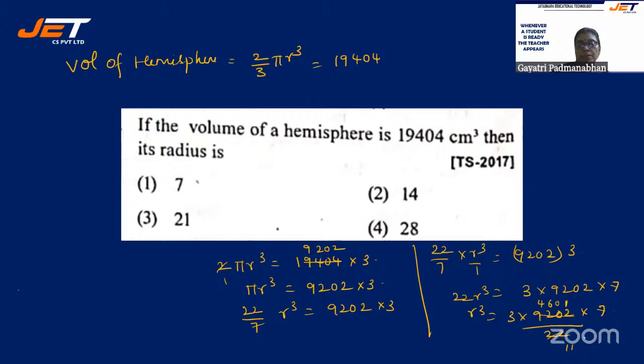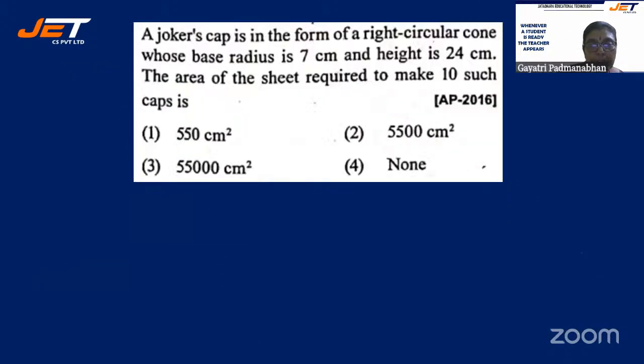So just divide 4601 divided by 11. 11 will go in 4 times, then 11 will again go in 1 time. So this will go in 11. Whereby you will get your r as 21 centimeter. Right? So if you calculate, this would be the right answer.